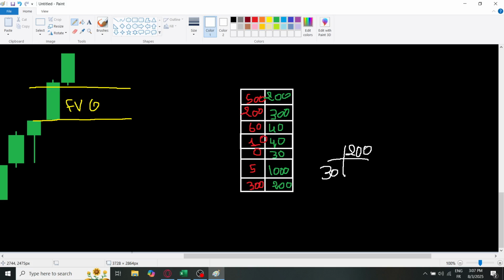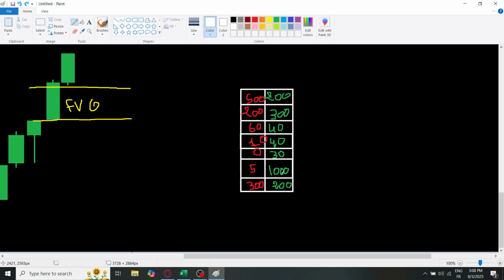Buyers, when they want to buy, drive the price up, and sellers want to drive the price down. So they were here, they want this level; they were here, they want this level. We compare them like this, and this is the comparison.